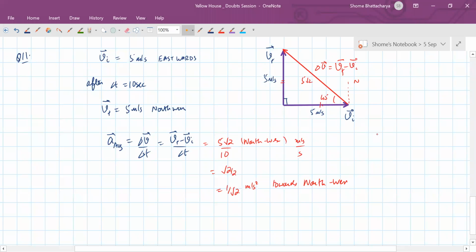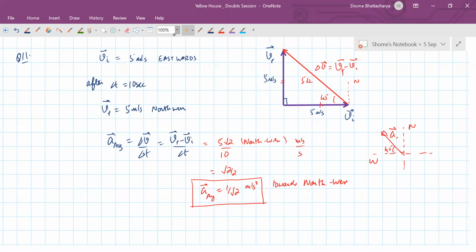Because you can see this direction is bisecting the direction between north and west. This angle is 45 degrees. So your average acceleration vector will be along this sort of direction. Note this down quickly, and let's move on to the 12th question.